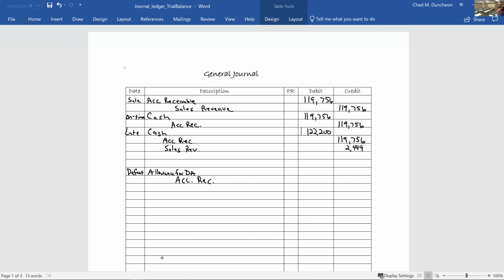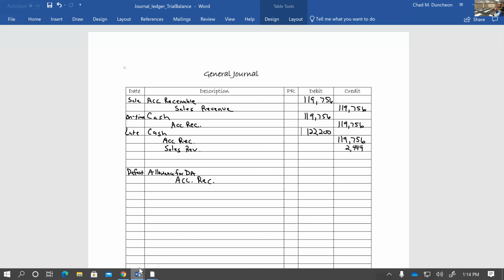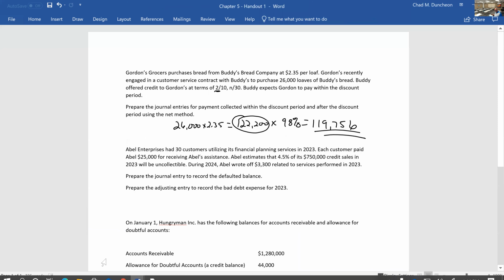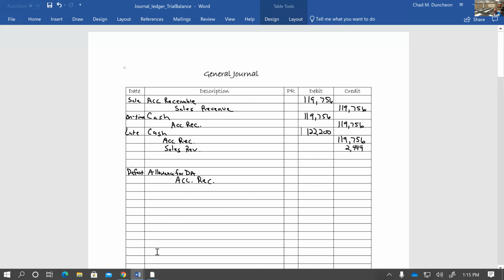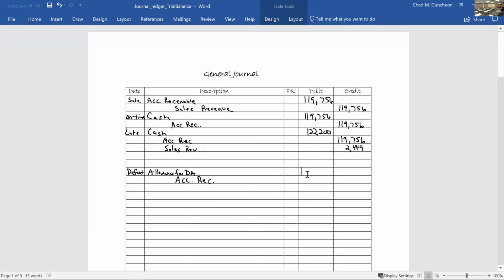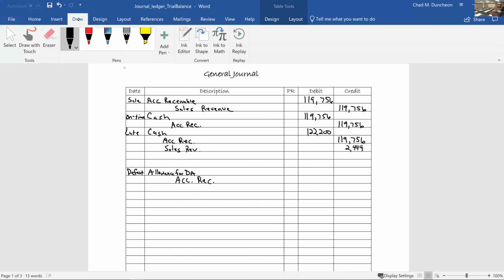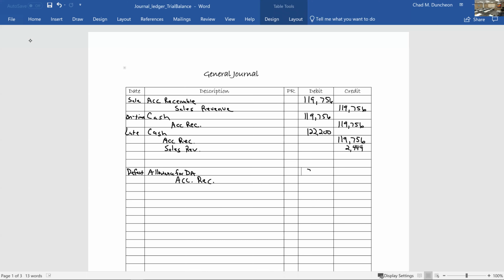And then when it actually happens, we take it out of there with a debit and we lower our receivables. And I forgot the amount already. I believe it was 3,300. It is. Go back to our journal sheet here. So $3,300 there. Okay.